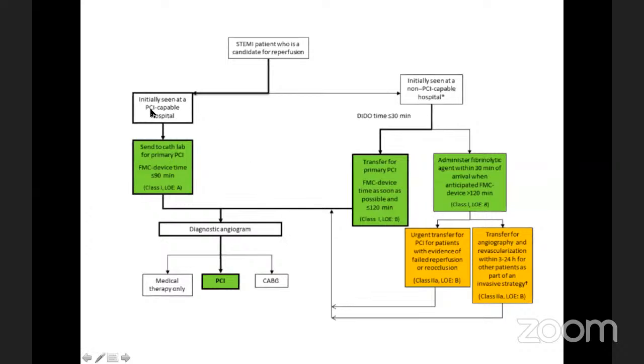So if the patient is seen in a PCI center, you have to send him to the cath lab in less than 90 minutes, and then PCI is class 1.